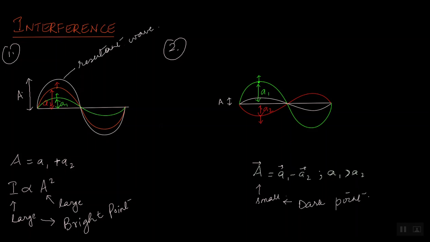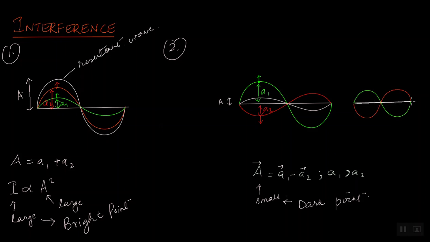But suppose if A1 and A2 are equal, this is a very special case. So you have a green wave like this and a red wave also like this. You can see that their amplitudes are equal. Okay, so what will be the resultant wave? The resultant wave will be along this line.